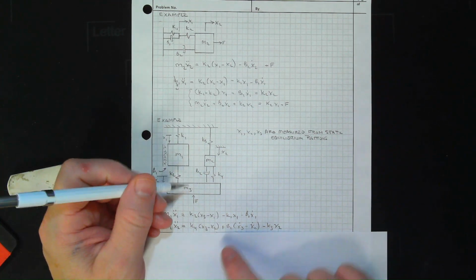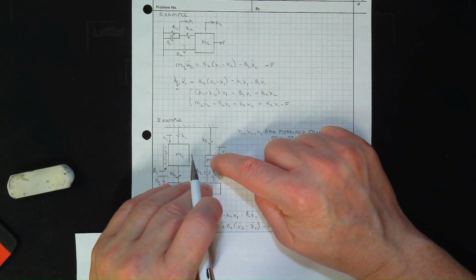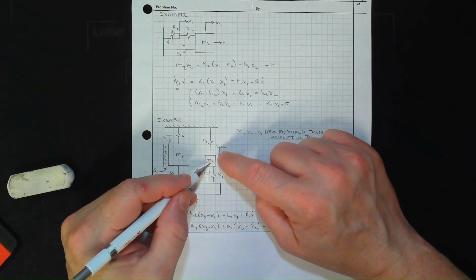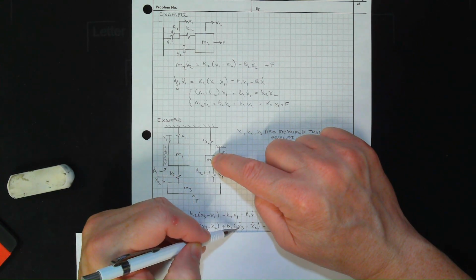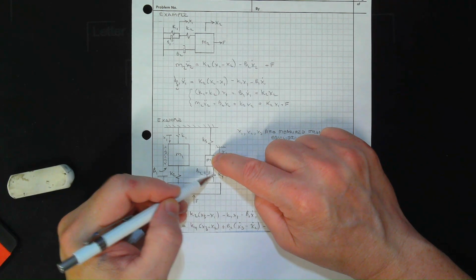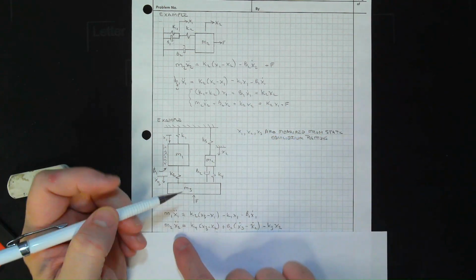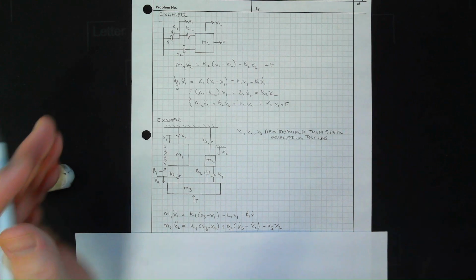Now I hold this still, move M3. What does this feel? It feels through this damper plus B2 X3 dot and plus K4 X3. And there's that equation, all done.